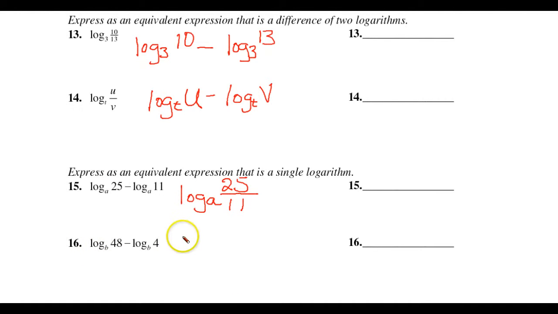And the same thing here. Log, this is base b now, and then a division bar, 48 over 4. Now, again, since they're giving us the numbers 48 and 4, you could simplify this, but in this case, you do not simplify, you leave it like this.